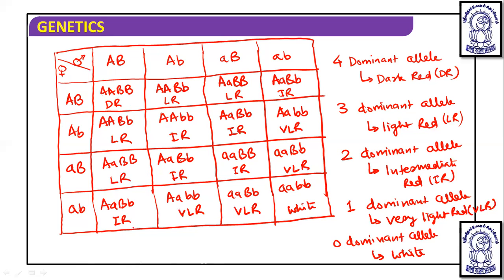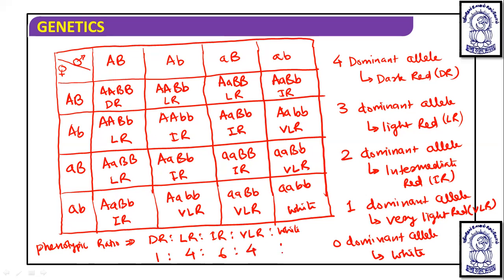Okay, so if we take the phenotypic ratio: dark red is 1, light red are 4, you can count in this one, intermediate red are 1, 2, 3, 4, 5 and 6, very light red are 4, and white is also 1.